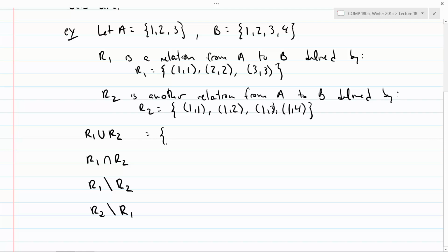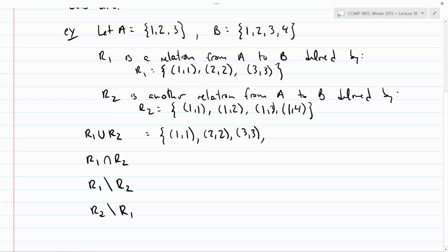And remember, these sets are really just relations, but we don't have to think of them that way when we're taking their union and intersection and difference. So what's going to be in the set R1 union R2? Yeah, (1,1) is going to be there. (2,2) is going to be there. (3,3) is going to be there because they're in R1.